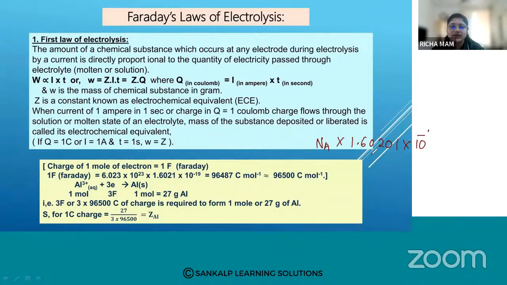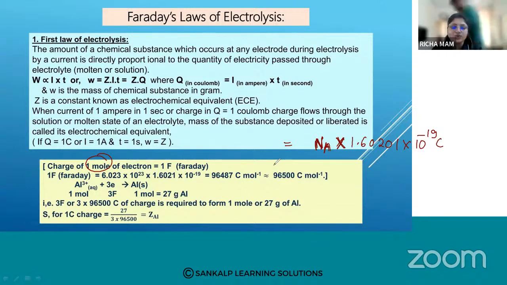Because you are finding 1 mole, it contains Avogadro's number of electrons, so Avogadro's number into the electron charge, 1.602 into 10 raised to minus 19 coulombs.